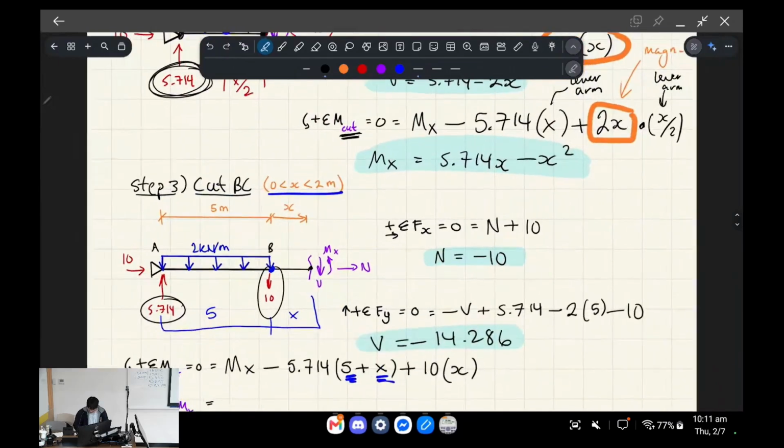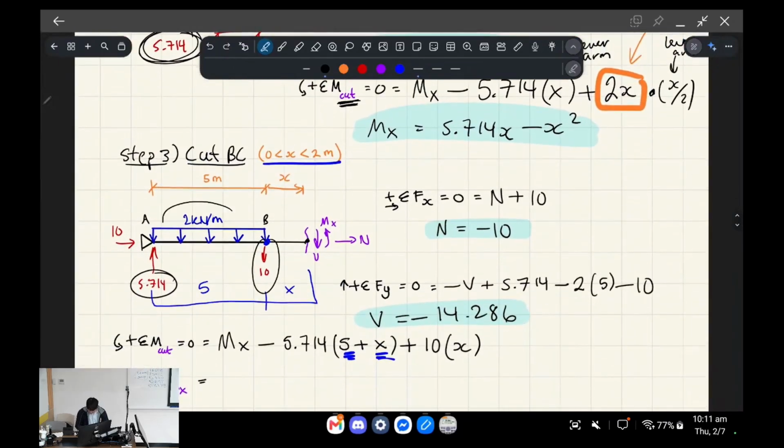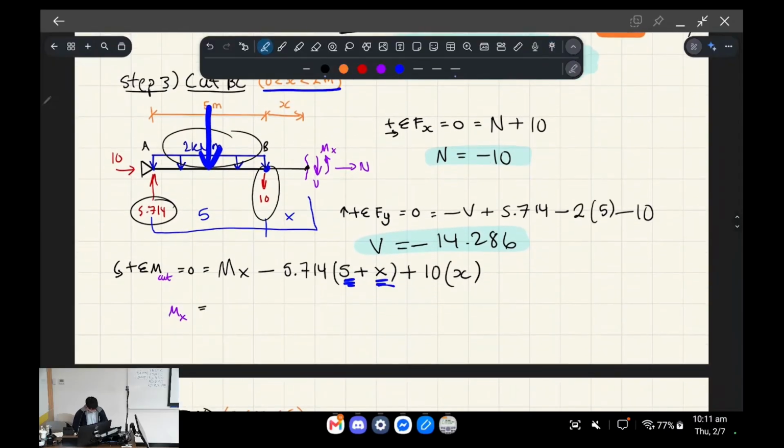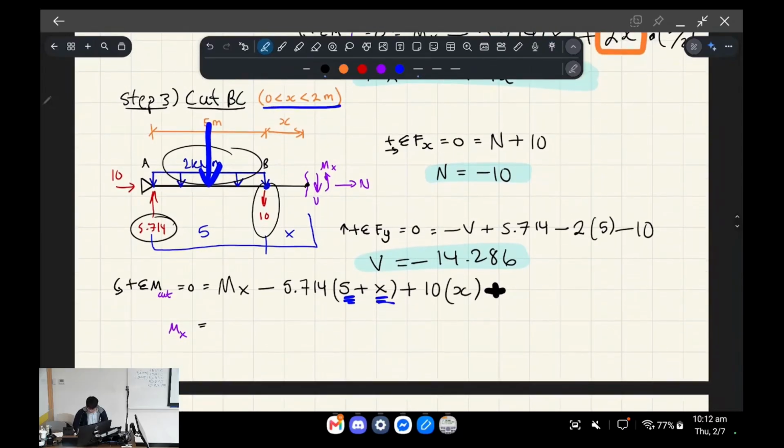Okay, and now there's one more to do, and that's going to be this distributed load. So this distributed load, interestingly, is going to have a set force now. Now that the whole thing is not going to change, all right? So we're actually going to do 2 multiplied by 5 again. We're going to add it because it goes counterclockwise. So this is the magnitude of our distributed load.